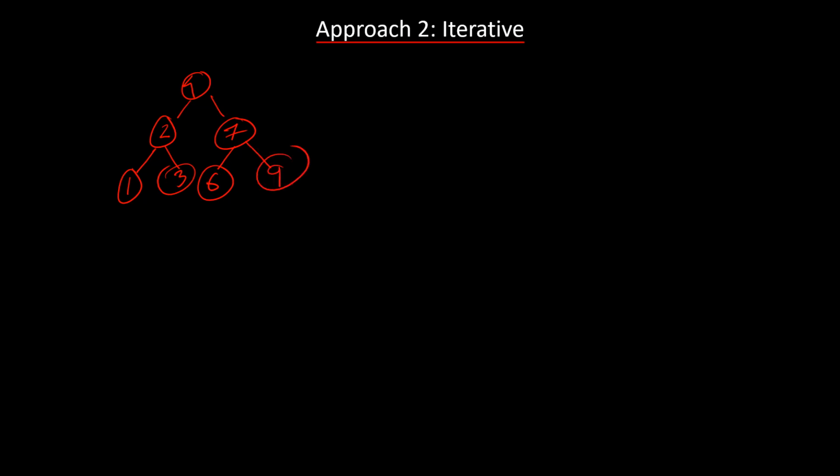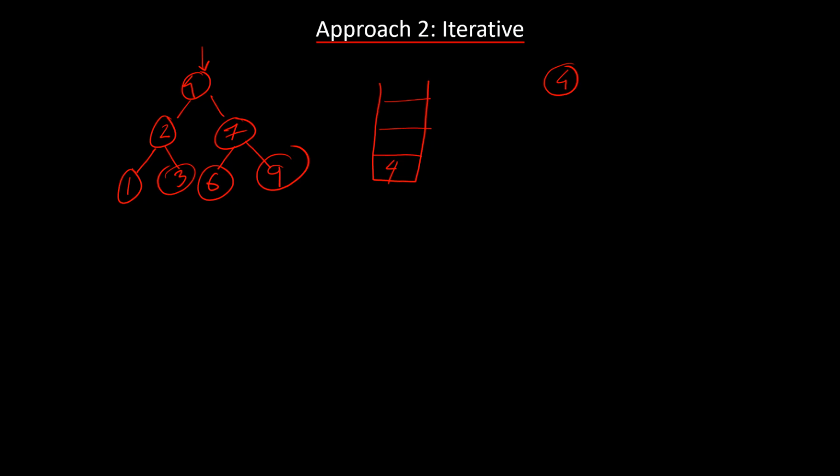Okay, so in this iterative approach, I would like to use a queue, so that we have a queue over here. First of all, I want to put the root in the queue, which is 4, right? Then I want to pop the 4 from the queue.